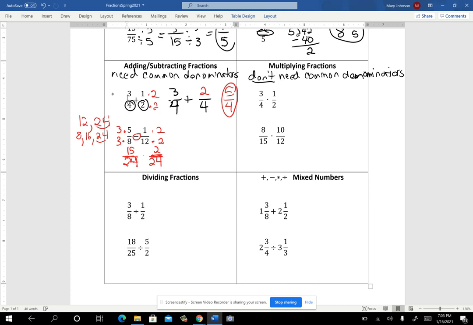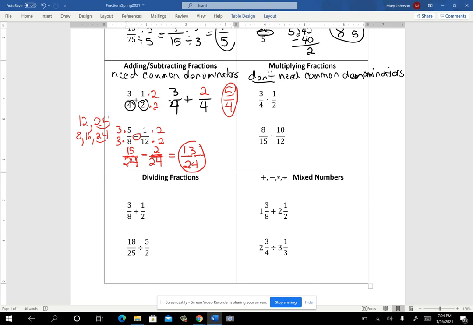Then I was subtracting, so I'm bringing that back in. Now I have like fractions. 15/24 take away 2/24 leaves 13/24. That would be your final answer because 13/24 can't be broken down anymore.